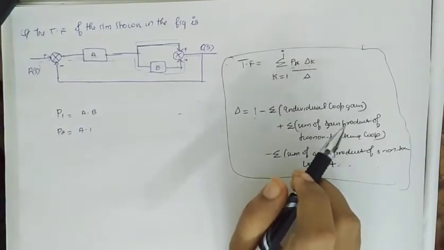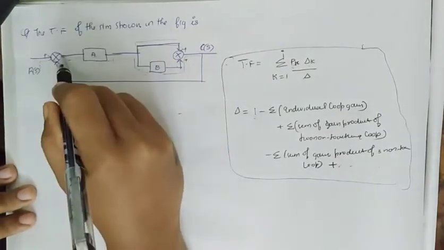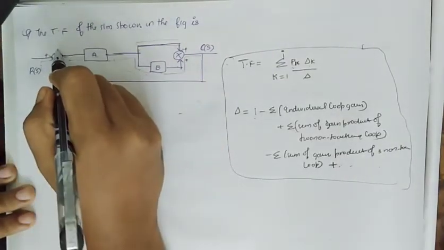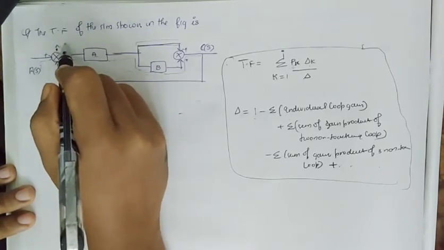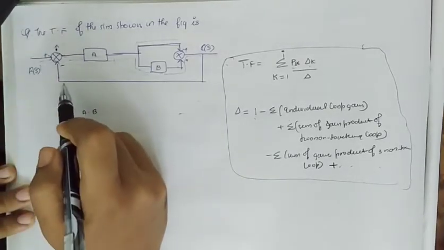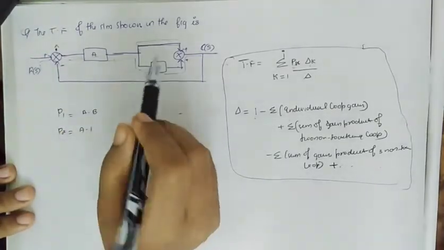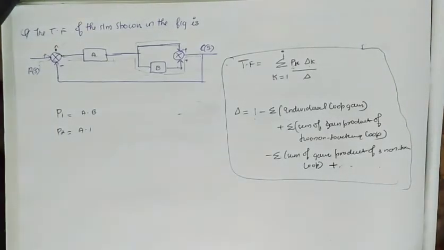Loop means that if I start from a point and by any means come back to the same point, with the starting and ending point the same, then that path is known as a loop.